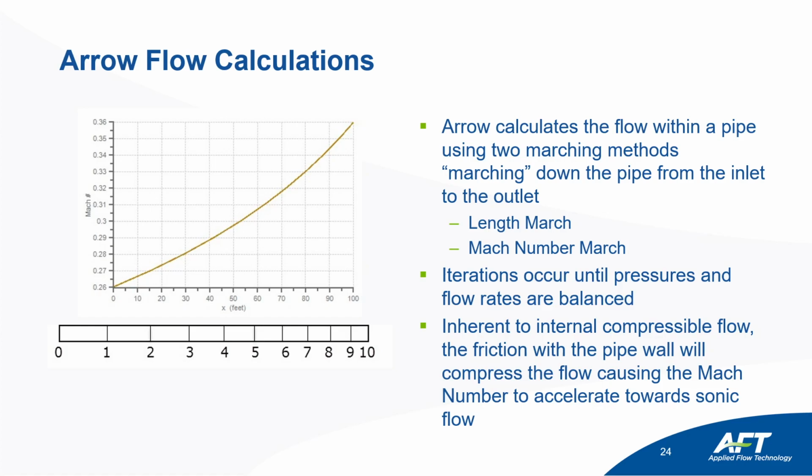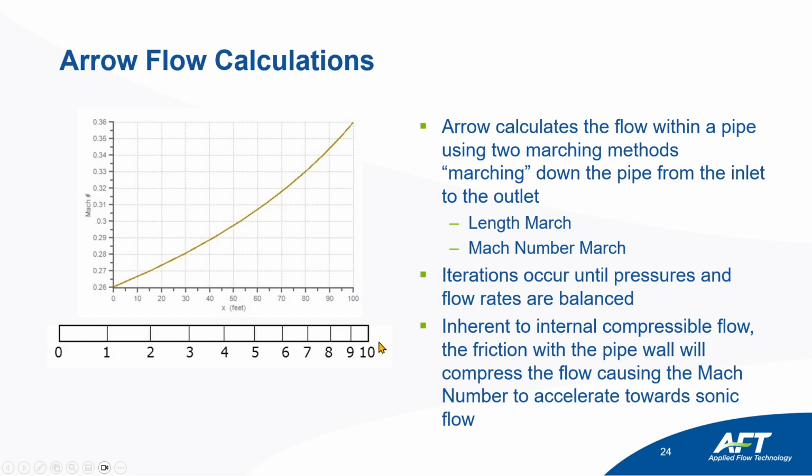We can see a Mach number march where it goes from 0.26 to 0.27, goes from 0.27 to 0.28 between 1 and 2, 0.28 to 0.29 from 3 to 4, and we can see because the velocity is increasing down the pipe, that Mach number is increasing down the pipe, those regions become smaller and smaller.